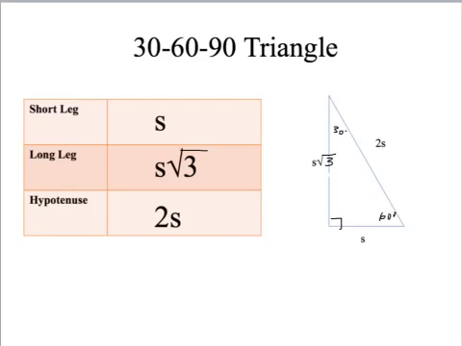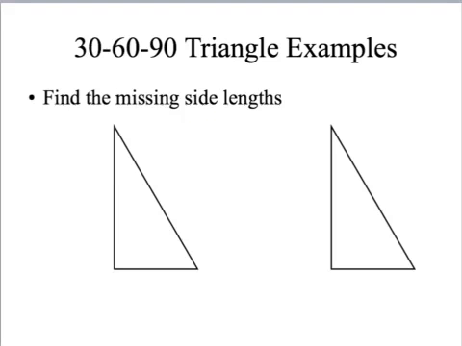So let's see what this is going to look like in problems. Let's find some missing side lengths. Remember, this is my 60, this is my 30. If I have a side of 2 here, then I know this side is going to be 4, and this side will be 2 square root of 3.